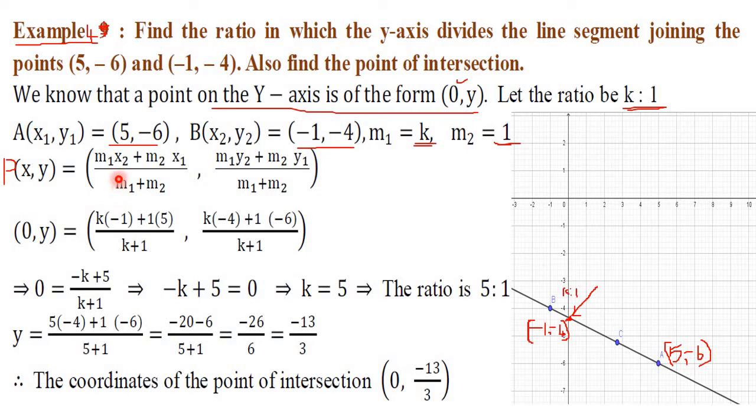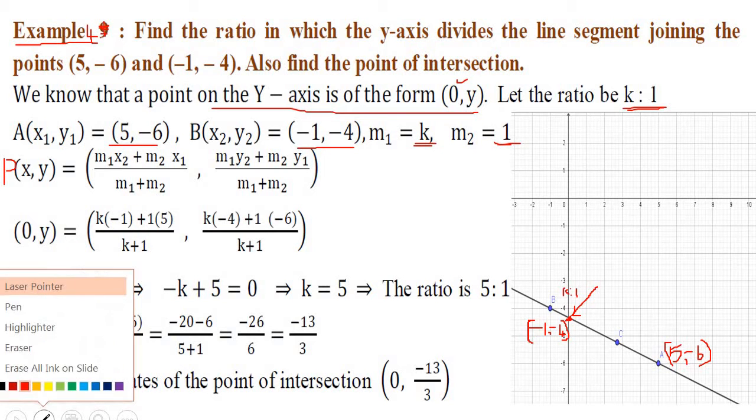Therefore the x-coordinate is (K times -1 plus 1 times 5) divided by K plus 1, and the y-coordinate is (K times -4 plus 1 times -6) divided by K plus 1.